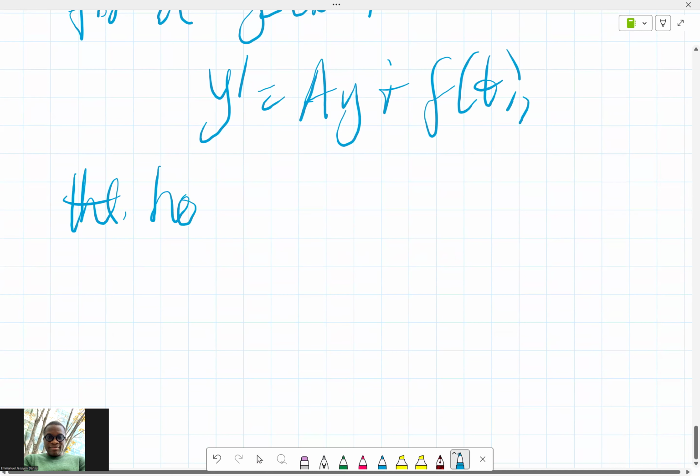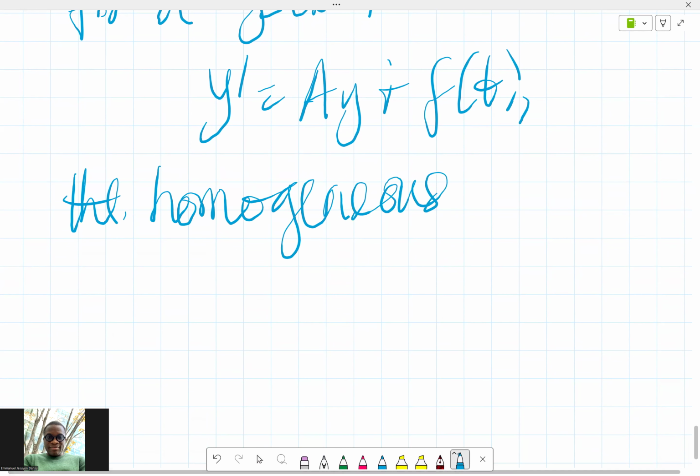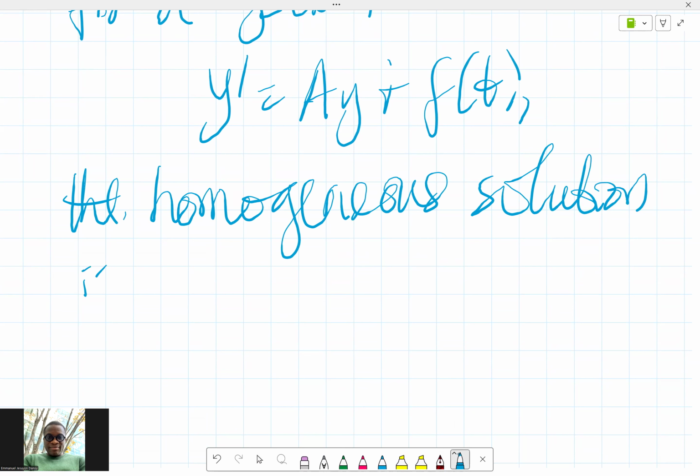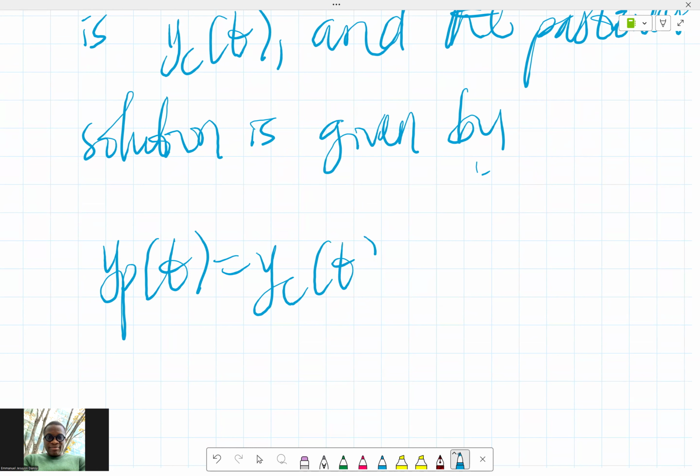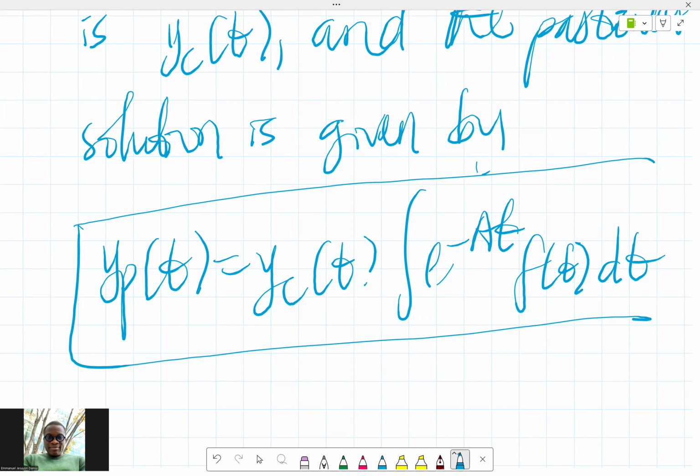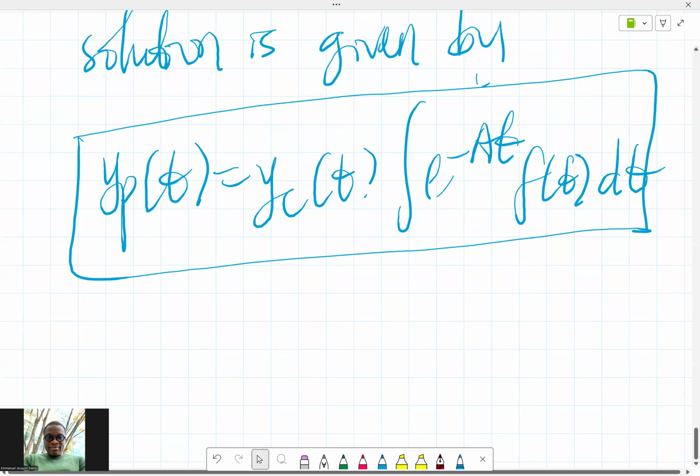The homogeneous solution is yc of t, and the particular solution is given by yp of t equals yc of t times the integral of e raised to the power minus at, f of t dt. That's how we have this.